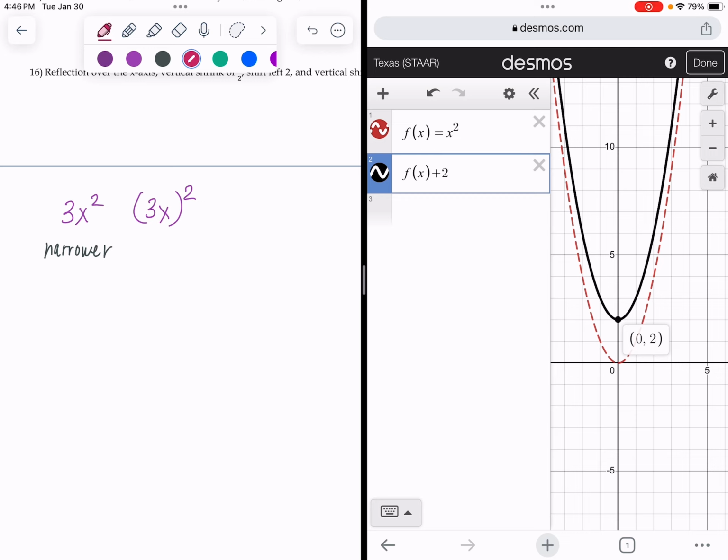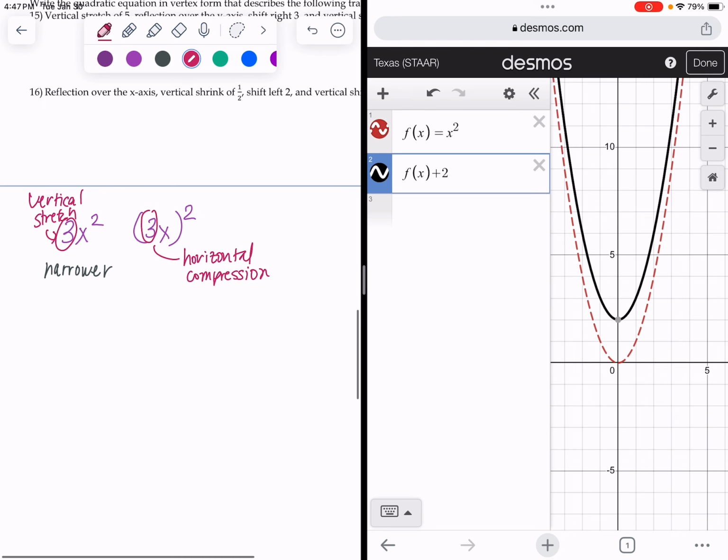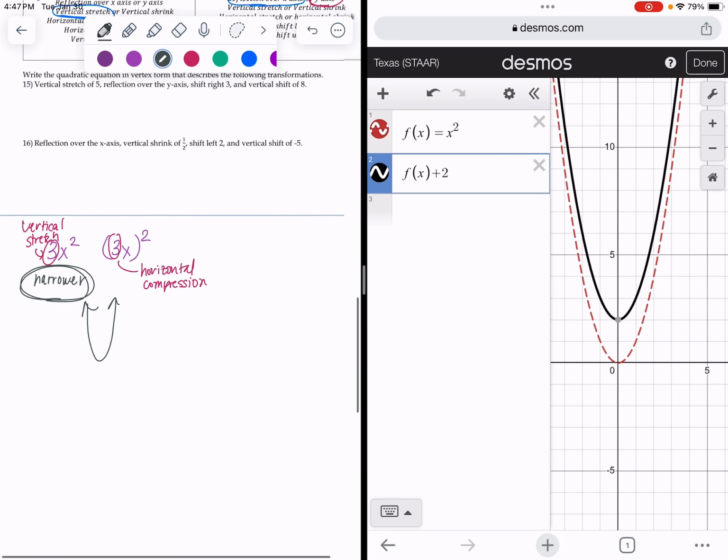In this case, you're calling it a vertical stretch because the 3 is outside. In this case, you're calling it a horizontal compression, just because of where you're putting the scale factor. Okay, but both of them result in a narrower graph. The parabola is going to be skinnier than the parent function.